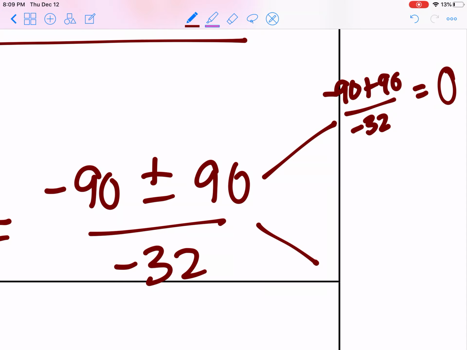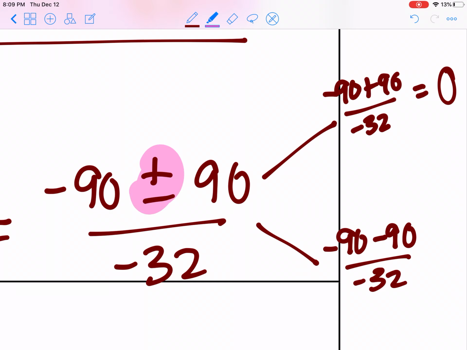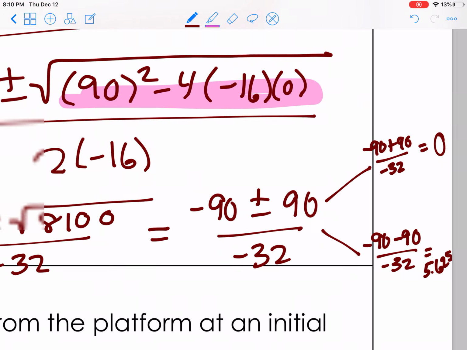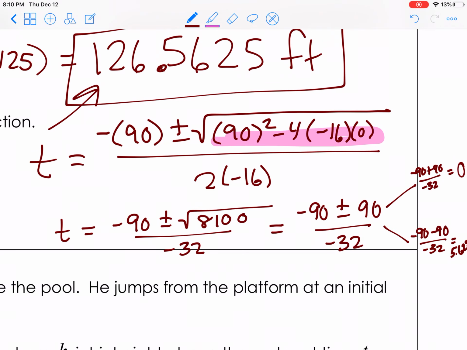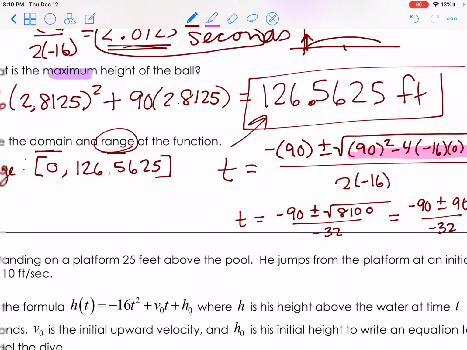The other situation is negative 90 minus 90 over negative 32. So we're taking into account both the positive and the negative. Negative 90 minus 90 is negative 180. Negative 180 divided by negative 32 is going to be 5.625. So that tells us how long the ball was in the air until it hit the ground.